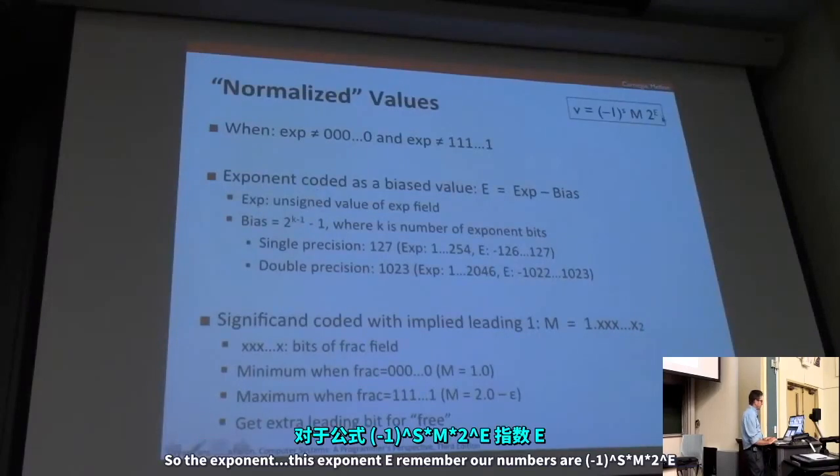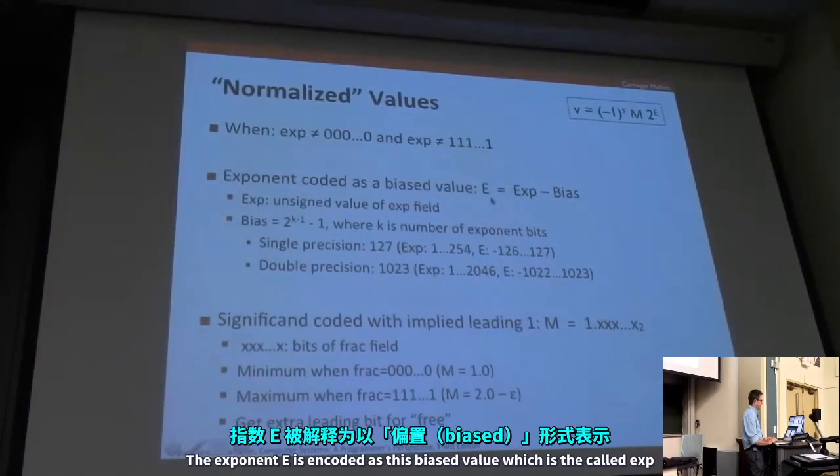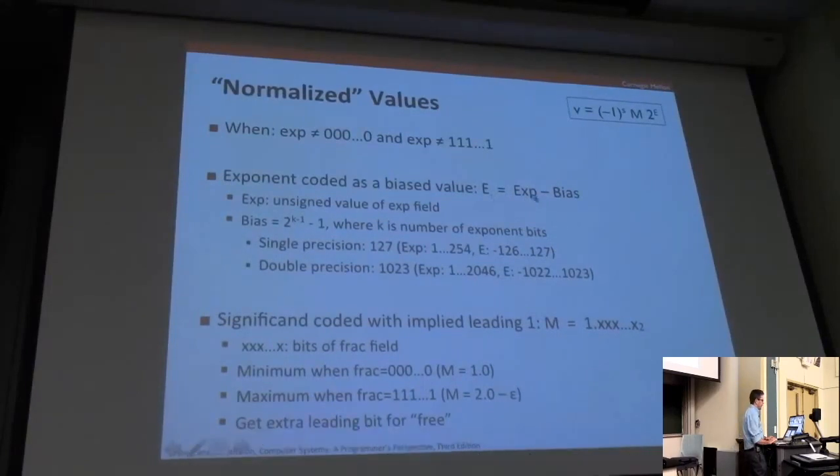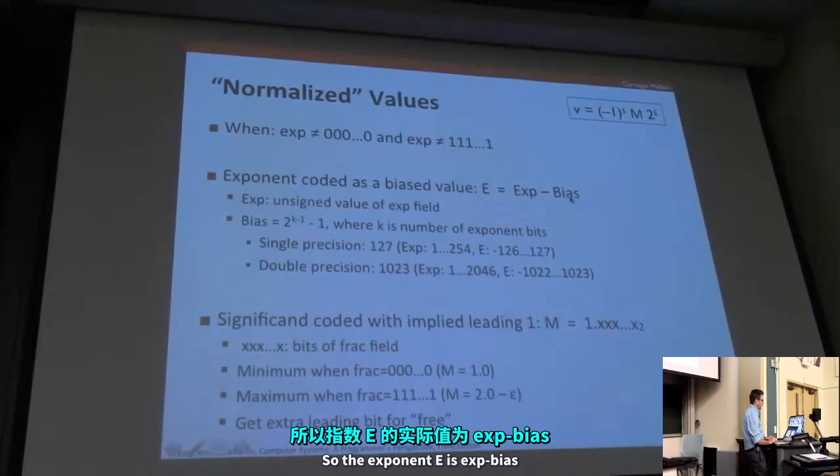So remember our numbers are (-1)^s times m times 2 raised to the power e. The exponent e is encoded as this biased value, which is called exp. So the exponent e is Exp minus some bias.